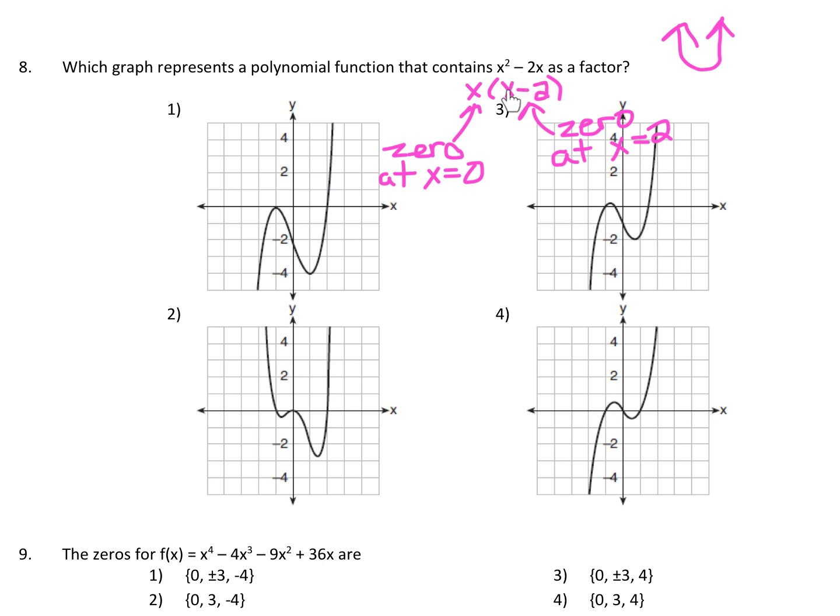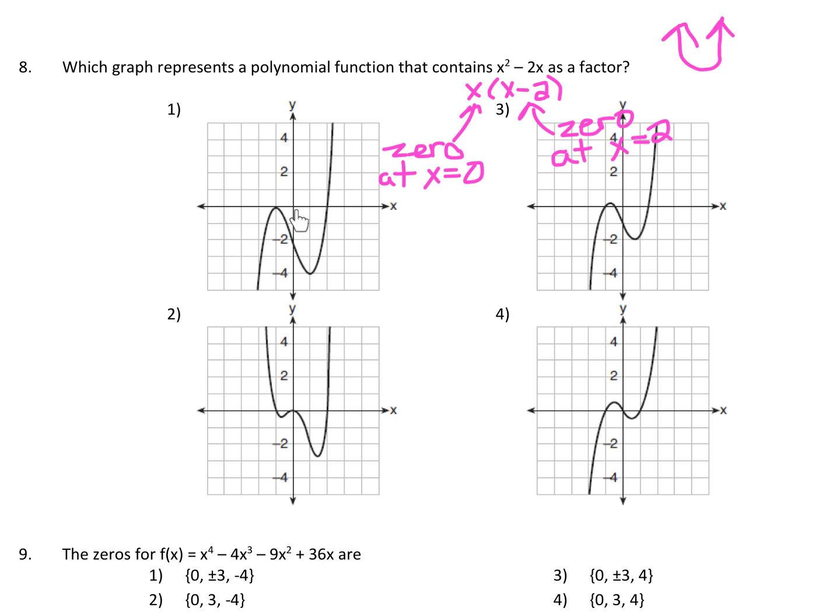I'm going to start with this one. If we have a factor of x minus 2, don't we have a 0 at x equals positive 2? And if we have a factor of just x, that's the same thing as x minus 0 or x plus 0, we have a 0 at x equals 0. So we're looking for which of these graphs have a 0 at 0 and 2.